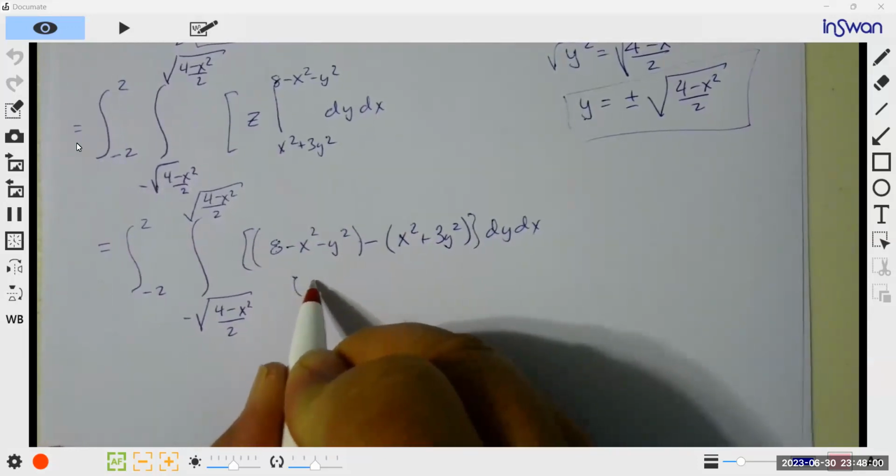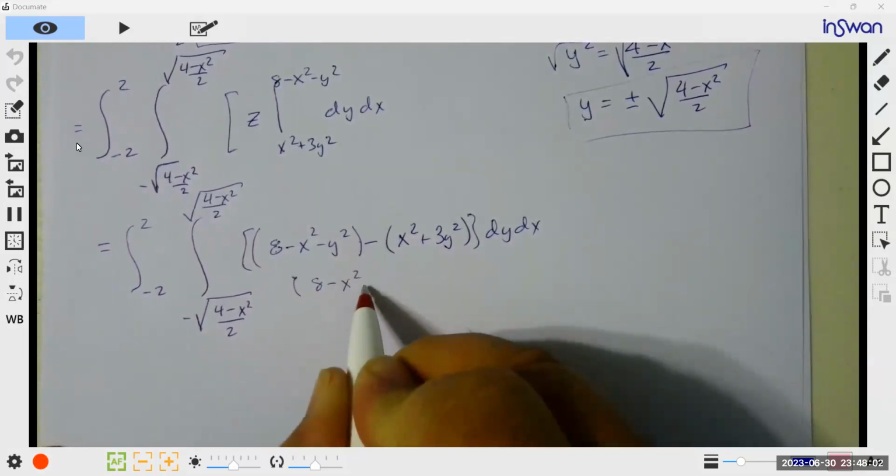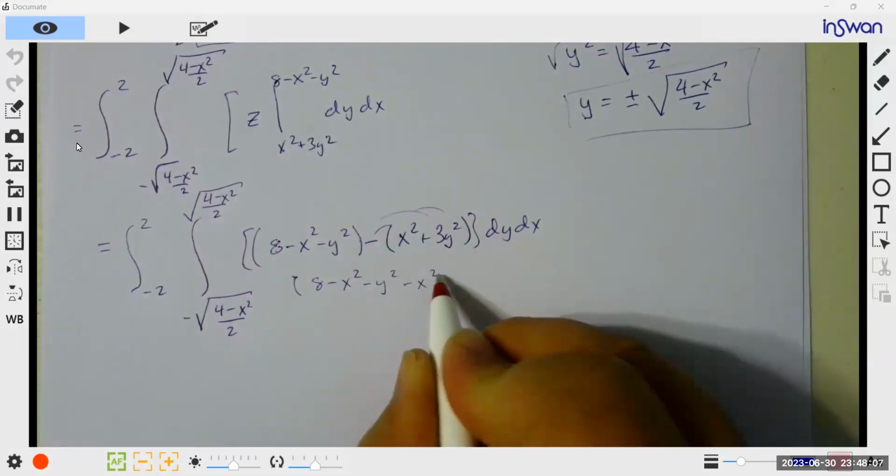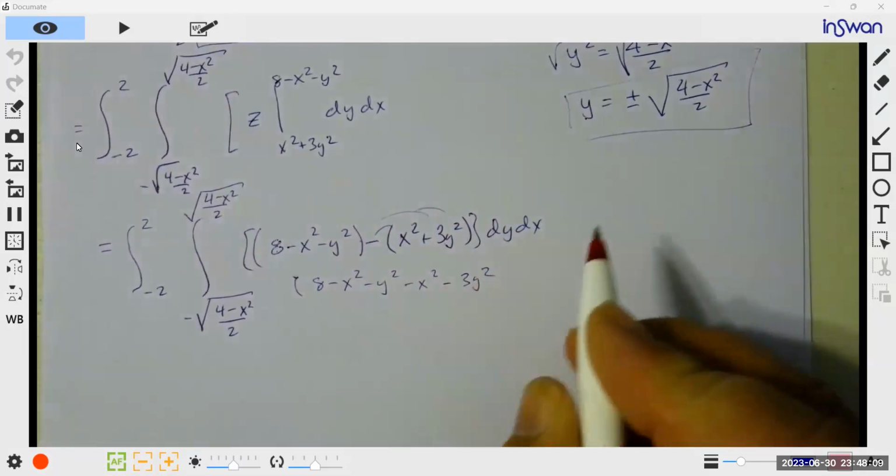Let's go ahead and simplify this one. We have 8 minus x squared minus y squared minus x squared minus 3y squared.